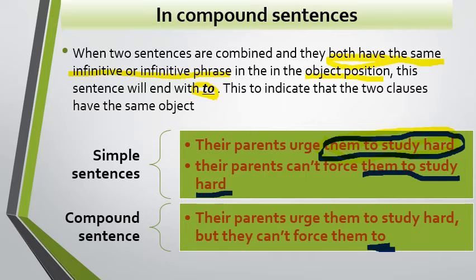I didn't repeat them to study hard. I just said they can't force them to. And this to indicates that we have the same object of the first sentence. As I said, if you find it not clear, just come back to my explanation.